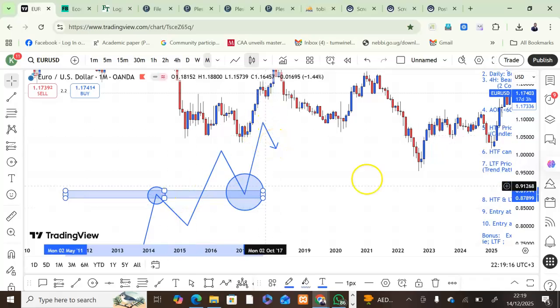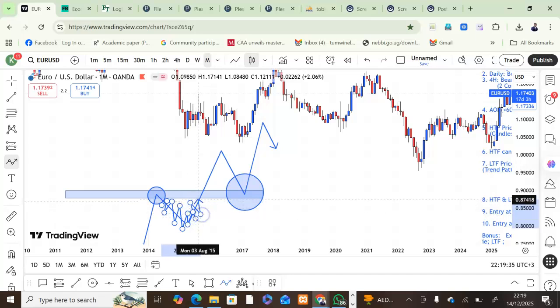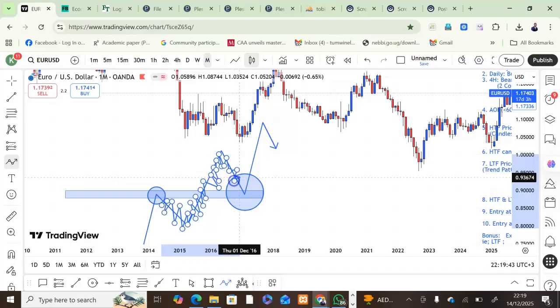For the lower time frame, it is the same move, but there will be lots of moves there, like this, then this, then it goes there, then again moves like that. Those are the moves you'll be seeing on the lower time frames, but on the higher time frames, you'll be seeing such a big move.